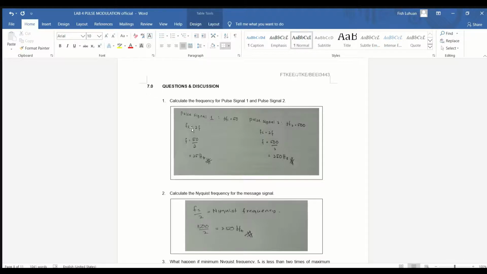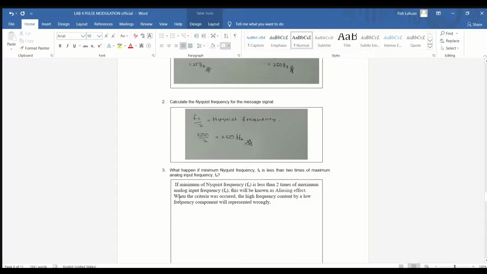So 50 over 2 is 25, so this is 25 hertz. And for the pulse signal 2, we also apply the same calculation, which means TF2 over P divided by Tmax, which is equal to 500 divided by 2, then equal to 250 hertz.